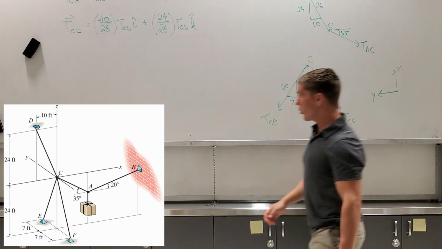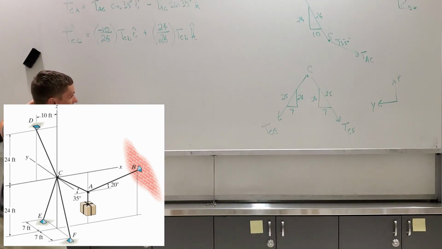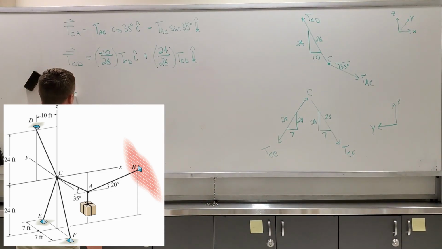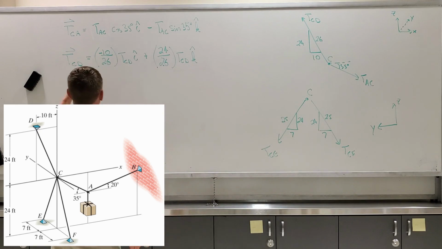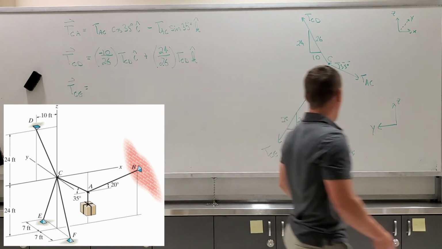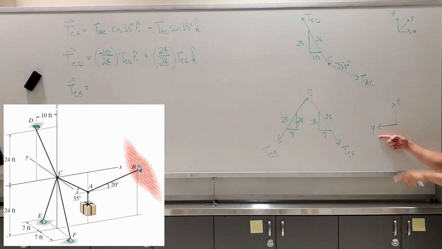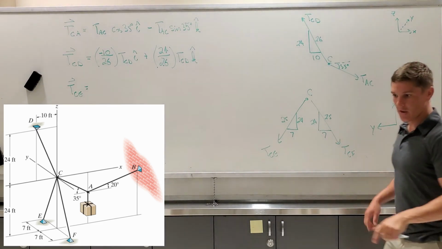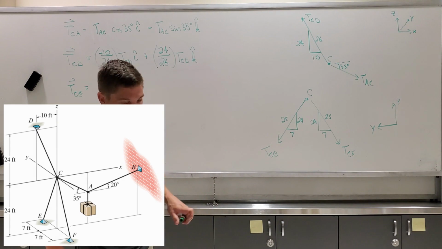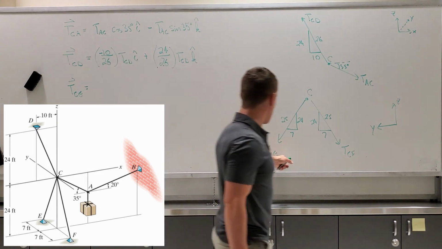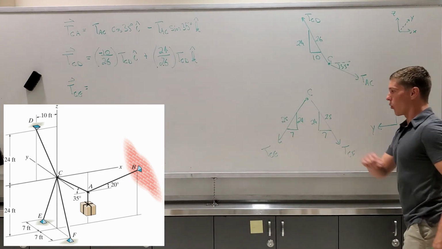So we can say that TCE is going to be equal to, we have a negative 7 over 25. Note that my positive y-axis is this way when I drew it for a right-handed coordinate system. So for a right-handed coordinate system, my TCE is actually in the positive y direction.